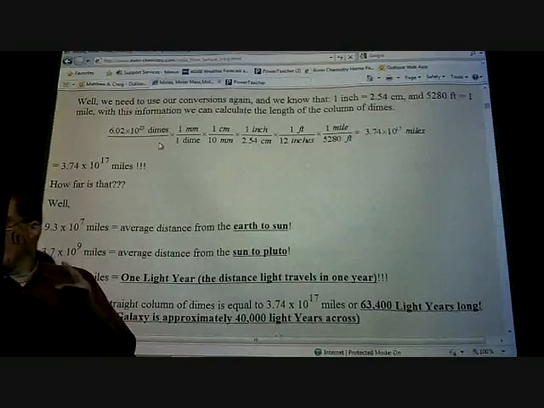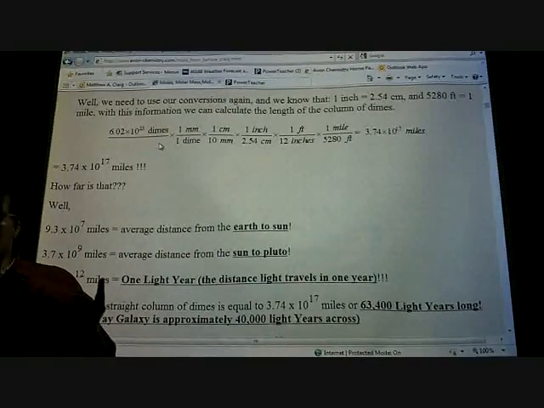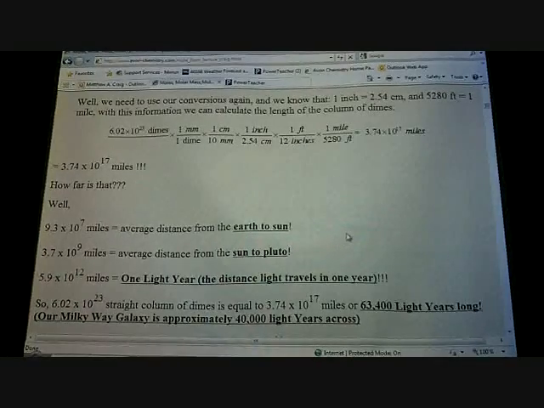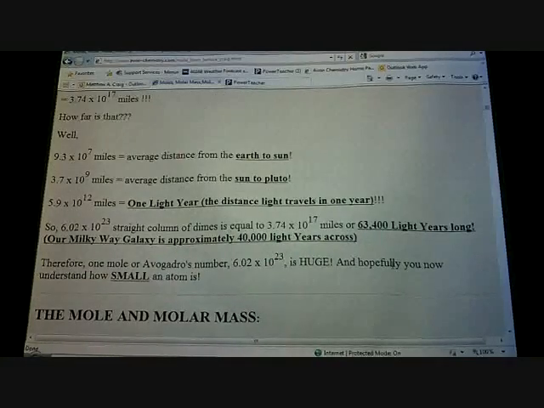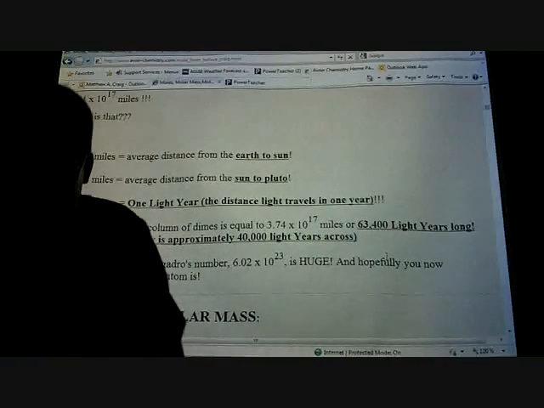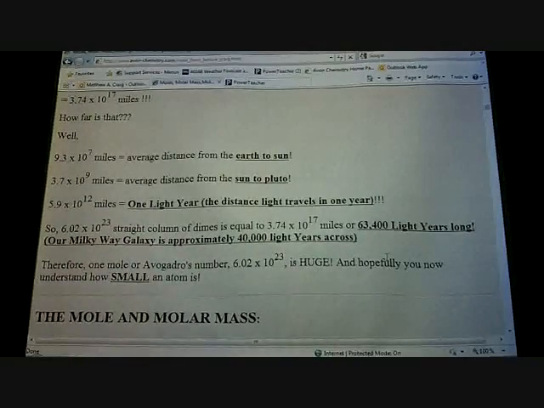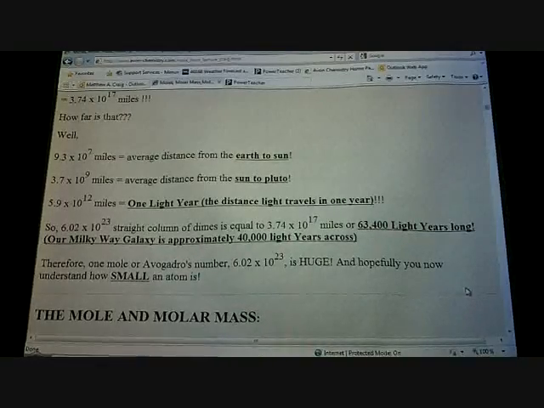So, number one, a mole is a big value, and when we look at molecules or atoms, they're really small. So, it's a big number, and atoms and molecules are really small.